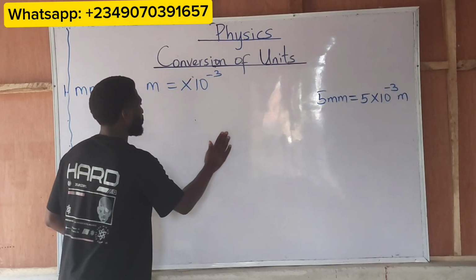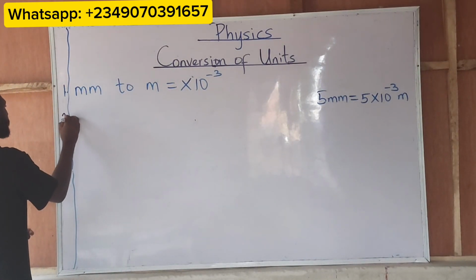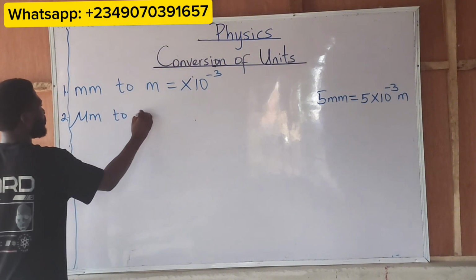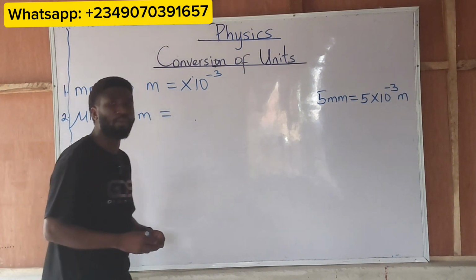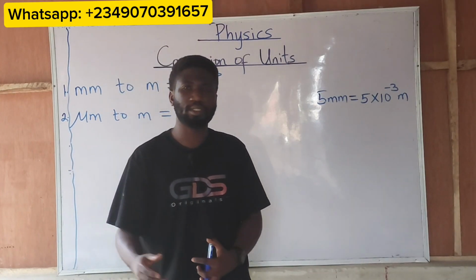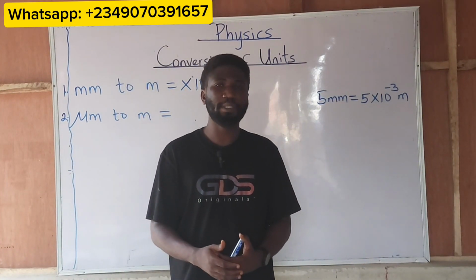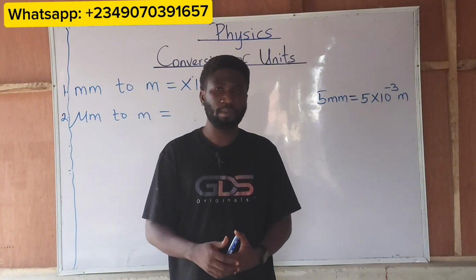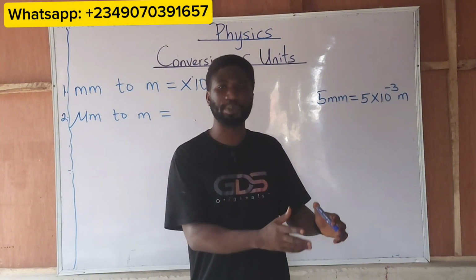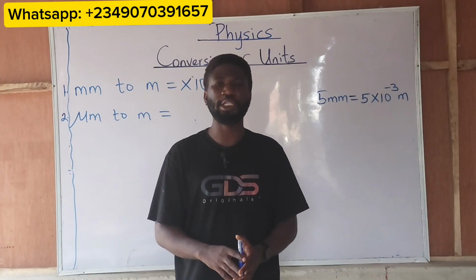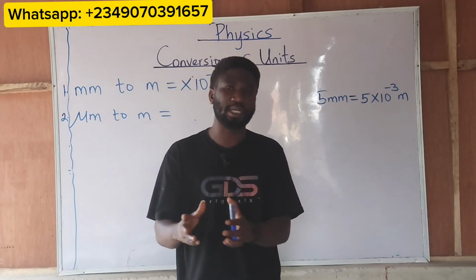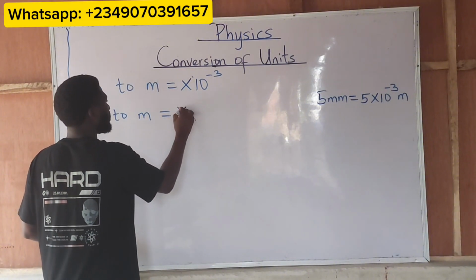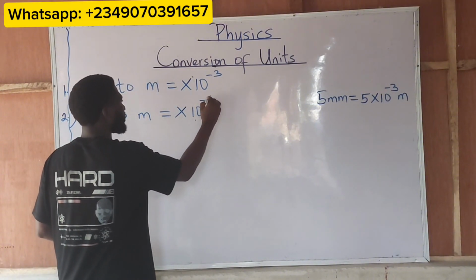Alright. The next thing here is micrometer to meter. This is not only limited to meter. You can also have microfarad to farad. It's still the same thing. When you have micrometer to meter, this is going to be times 10 raised to power minus 6.